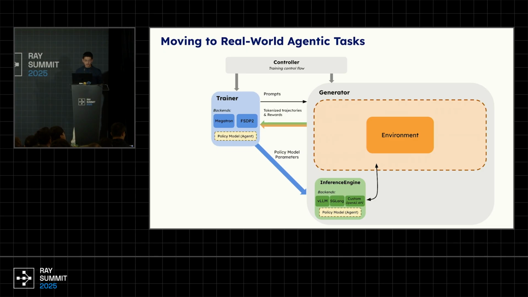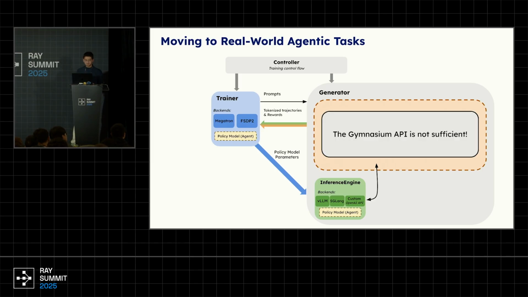Okay, so all in all, if you come back to the overall system diagram for RL, the generator we broke down into two components, environment as well as the inference engine. But for these real-world agentic tasks, this is actually not enough. As we saw, there are complexities around orchestration, and we want to have some APIs and abstractions around this so that you can customize this piece as well.